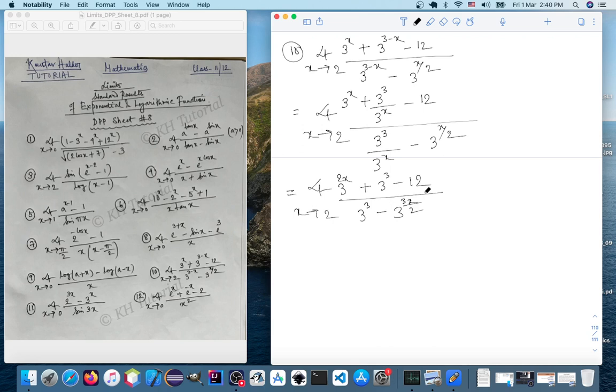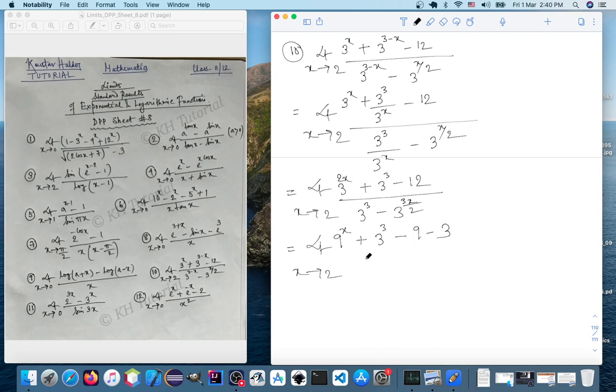9 to the power x. So this is 3 to the power 2x, which is 3 square whole to the power x. So we have here 9 to the power x plus 3 to the power 3, and we can split the 12 as minus 3 minus 9.